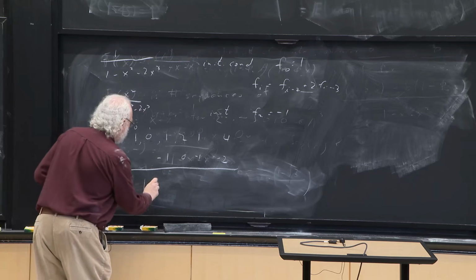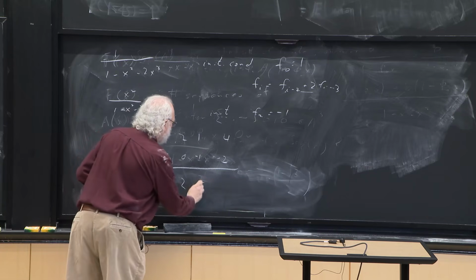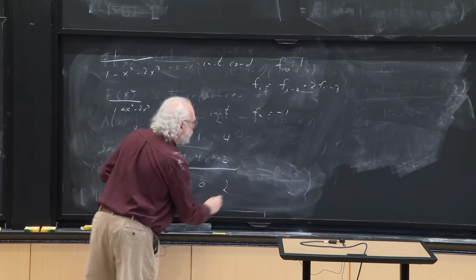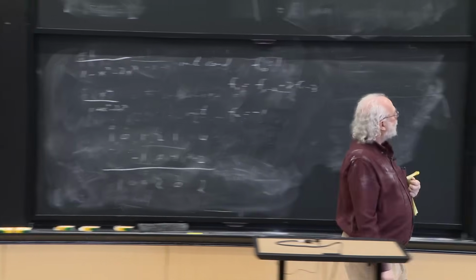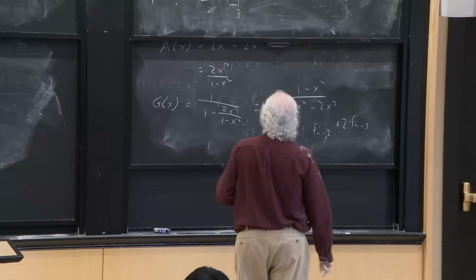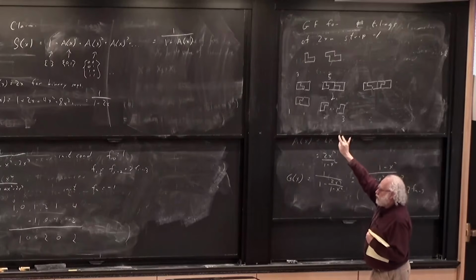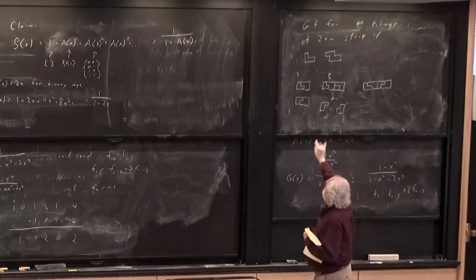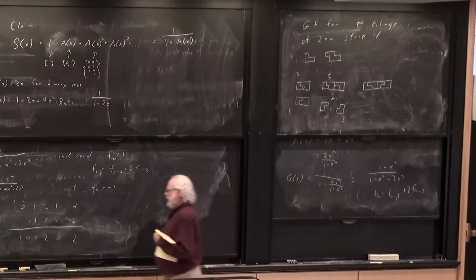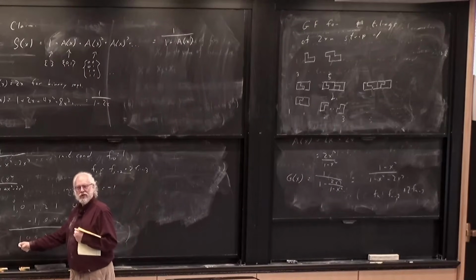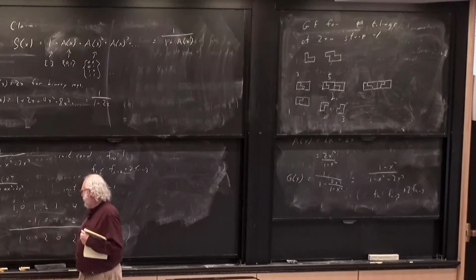And we get 1, 0, 0, 2, 0, 2. And indeed, there were 2 for 5. There was 2 for 3, and there's 1 for length 0, which is just the empty tiling.